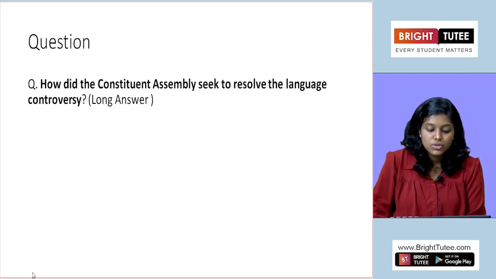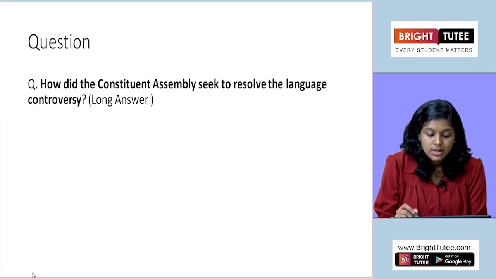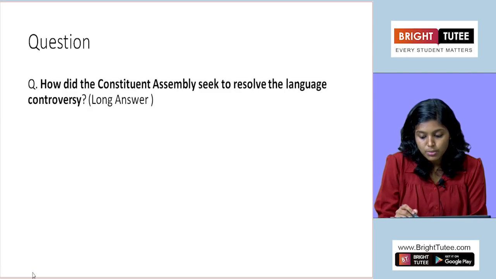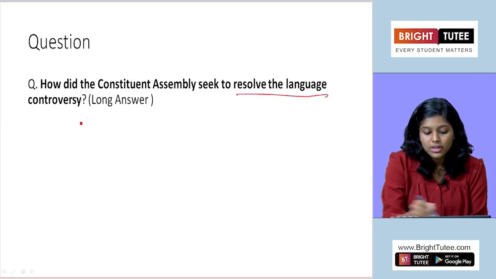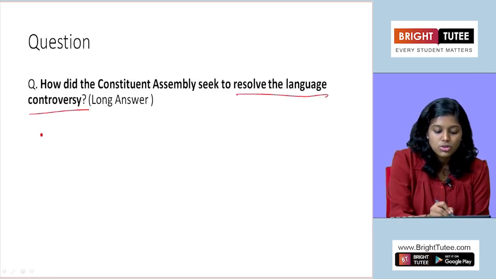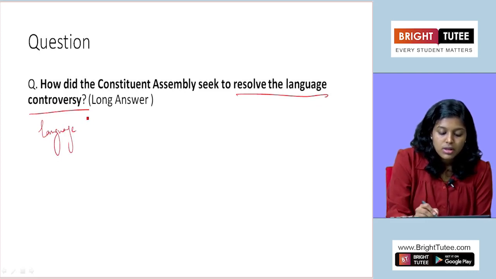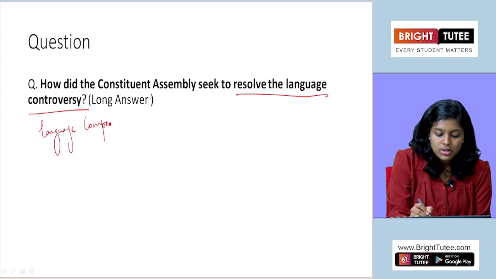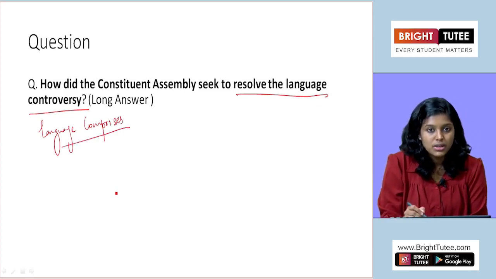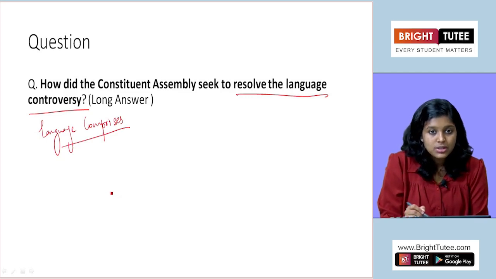So the question which is related to this topic is, how did the Constituent Assembly seek to resolve the language controversy? So we saw how the language committee gives a report to the Constituent Assembly where a gradual transition to Hindi was proposed.